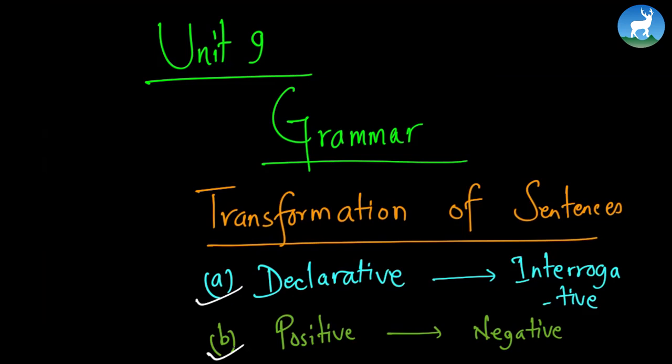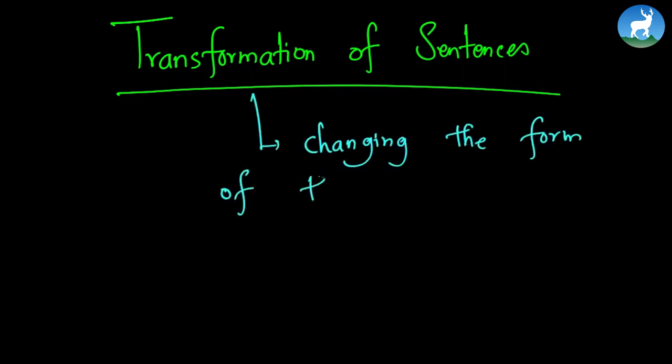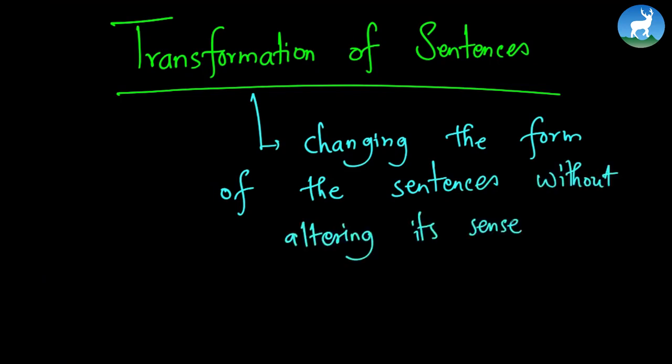Alright, so let's begin. We shall now start something called transformation of sentences. Transformation of sentences means changing the form of the sentences without altering its sense. Knowledge of sentence transformation helps us to expand our usage skills by testing various ways of presenting a sentence in multiple ways without changing its actual meaning.